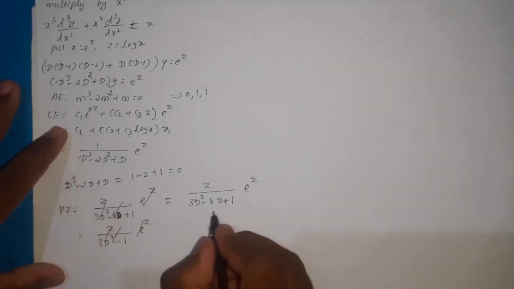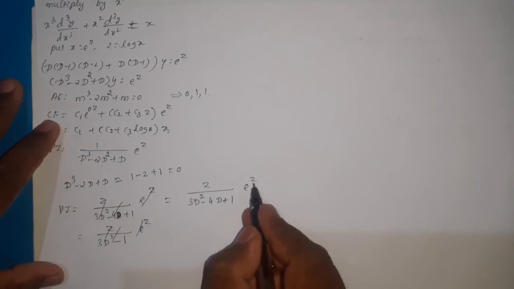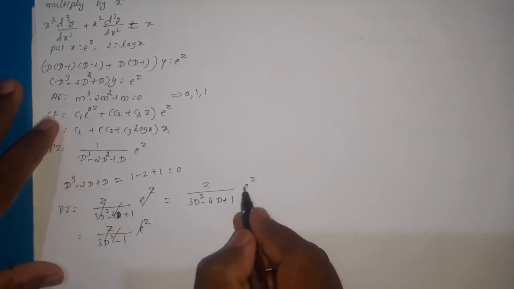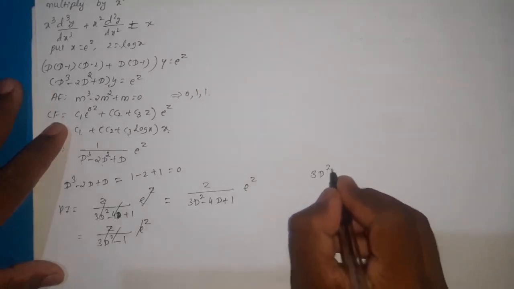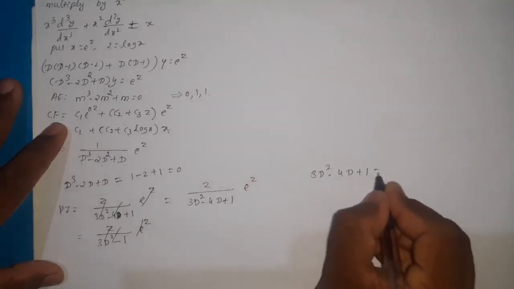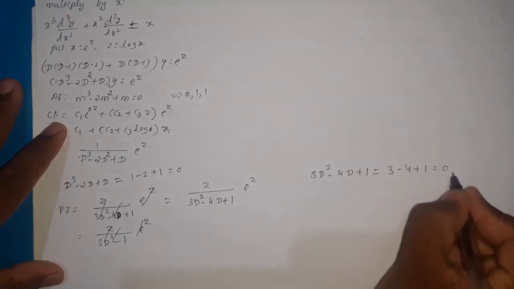Now here the denominator is this one. Now again check the denominator for d equal to 1. Here 3d square minus 4d plus 1 is equal to 3 minus 4 plus 1, which is equal to 0.